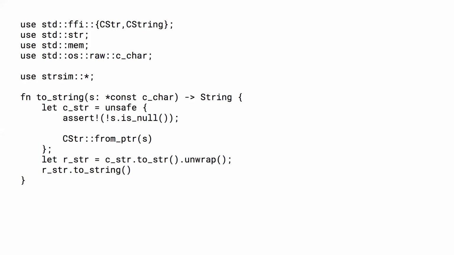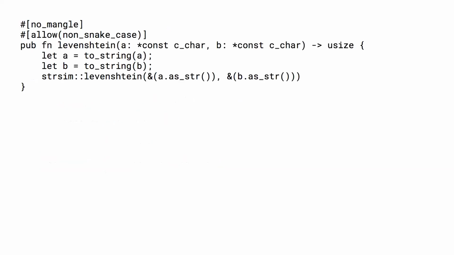Then we convert that into a slice, and then we unwrap it. That can fail; if it fails, it will just panic and you'll get a stack trace. And then the last line, the rstr toString, converts that slice into an owned string, and that thing then moves out of that function. So this allocates, but that string moves out of that function.